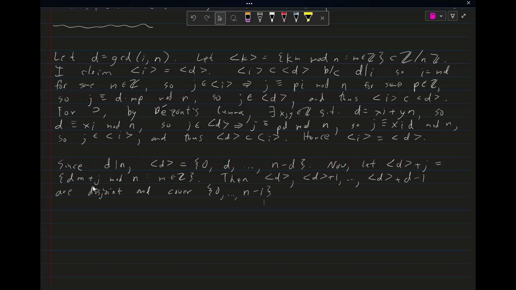If you take the remainder of any element in here after dividing by d, you're going to get remainder 0, because it is an integer multiple of d.